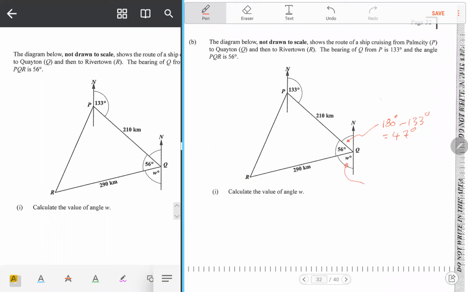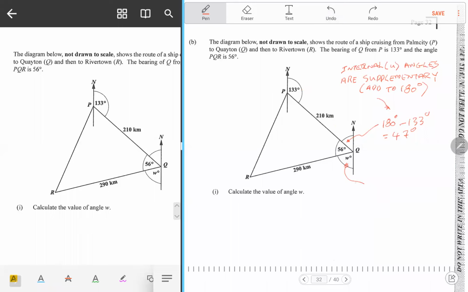So the reason for this one is the U internal angles, which we call U angles, are supplementary. Supplementary means that they add to 180 degrees. So these two angles are supplementary angles. They add to 180 degrees. And that's how we get that one.